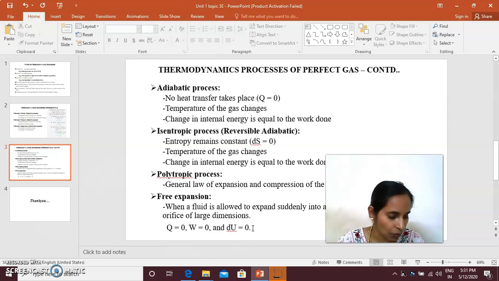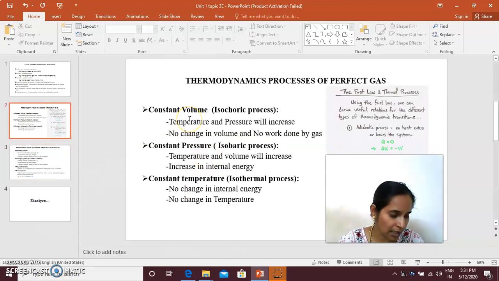Okay, so here you can see at constant volume process, the isochoric process, Q1 to 2, that is heat supplied, is equal to Cv into T2 minus T1, with W equal to 0 here, and the change in internal energy is Cv into T2 minus T1.